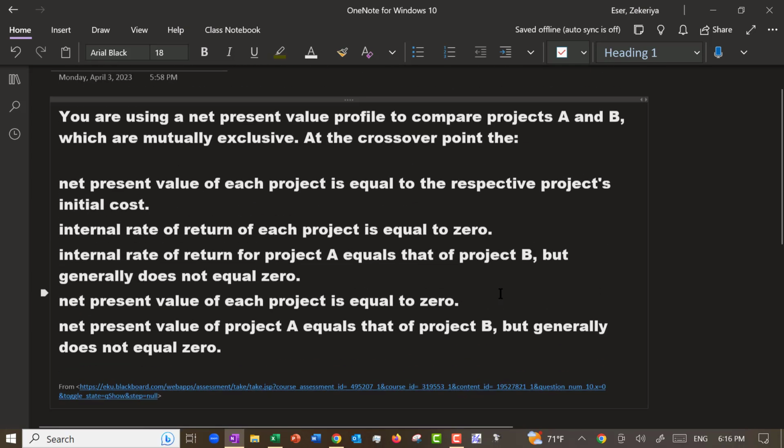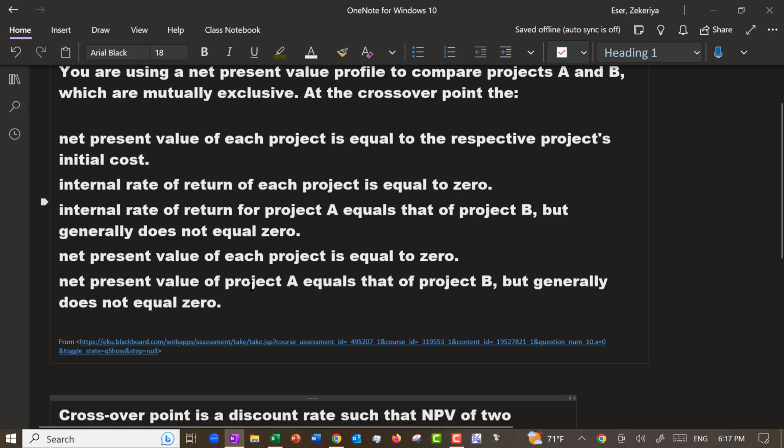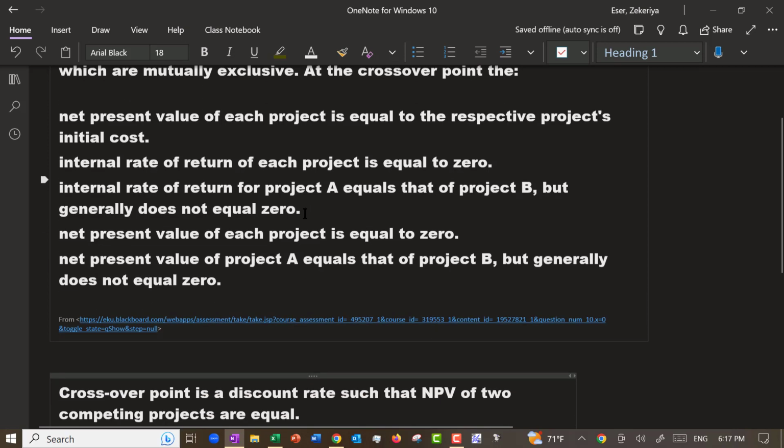So in this case, net present value of each project, that's not true. Internal rate of return, no. No. The net present value of project A equals that of project B, but generally not necessarily zero. Okay.